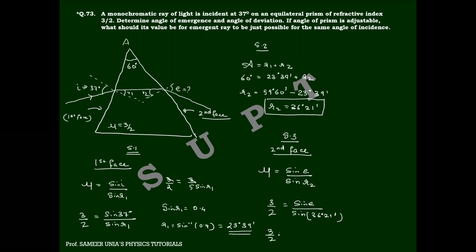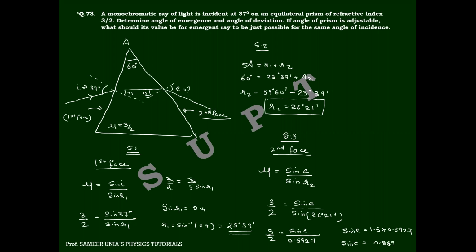So 3/2 sine E... sine 36 degree and 21 minutes is 0.5927. Sine E will become 1.5 times of 0.5927. So sine E is going to become 0.889.